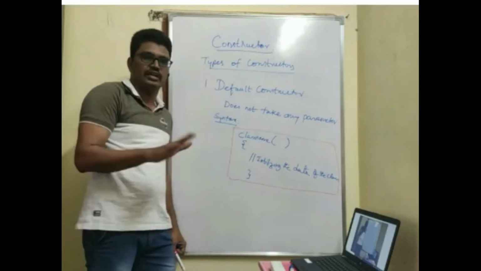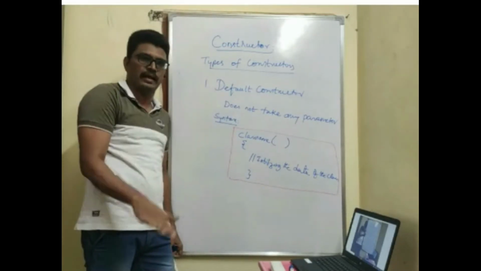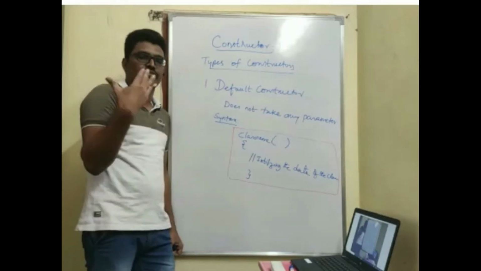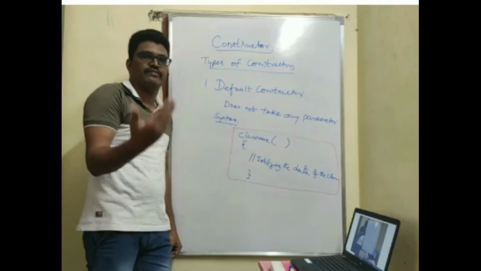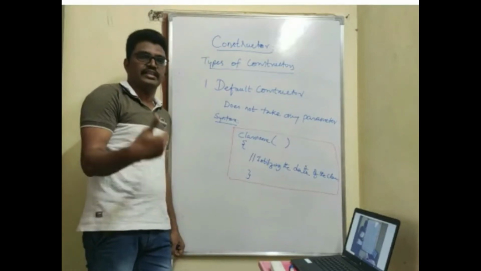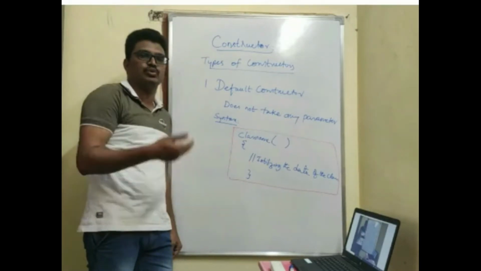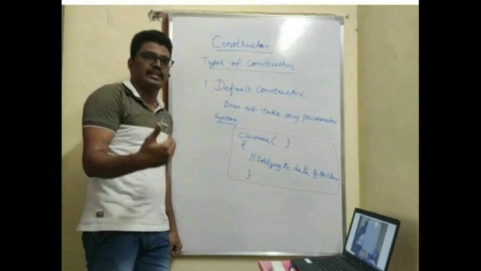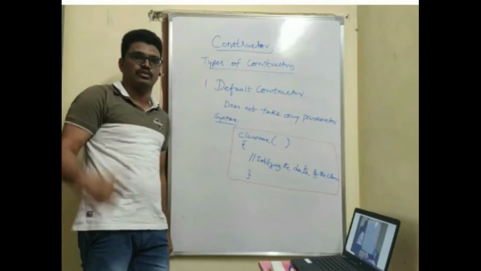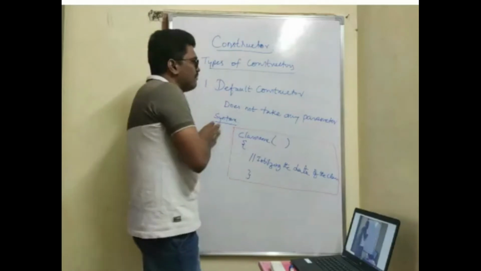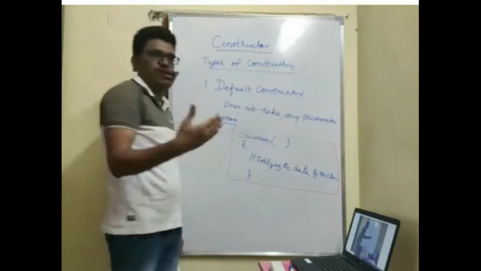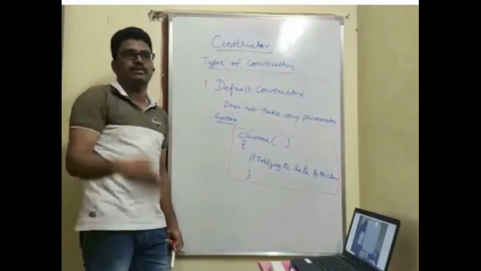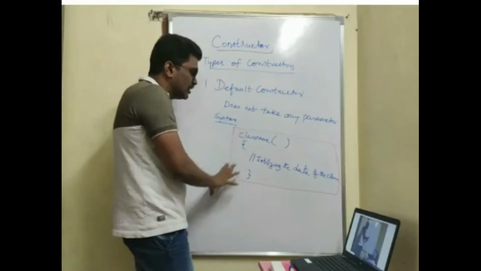If you don't define any constructor in your program, it will initialize to default values. If it is an integer variable, it will be initialized to 0. If it is other than integer, they will be initialized to null values. So this is the syntax of your default constructor.